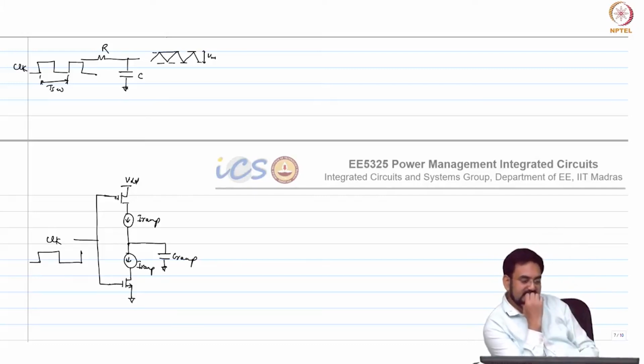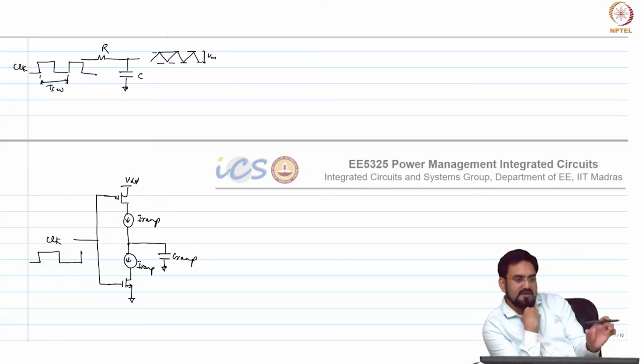But is there any problem? I mean, will it happen the same? KCL? What KCL? If we switch off, for example, the NMOS, then current will increase the voltage. No, but you are charging for a limited period, huh? Yeah, but if one of them gets switched off, then the current that is going into it or getting withdrawn from it, where will it go? It's going to the capacitor, huh?